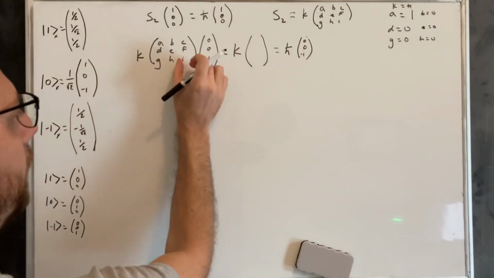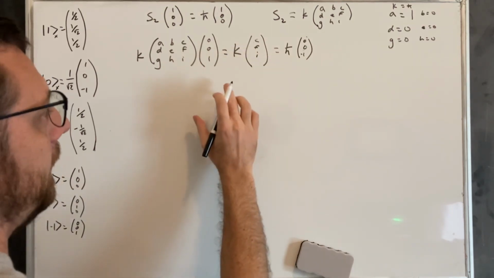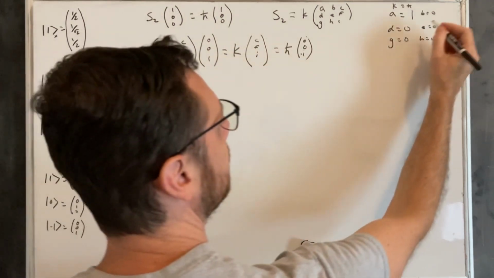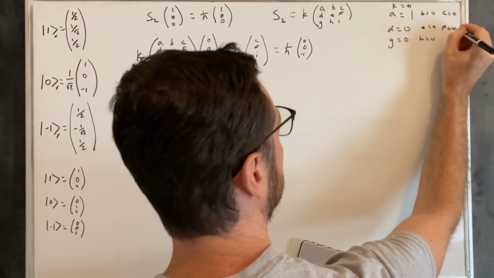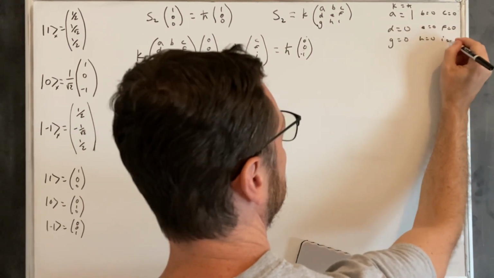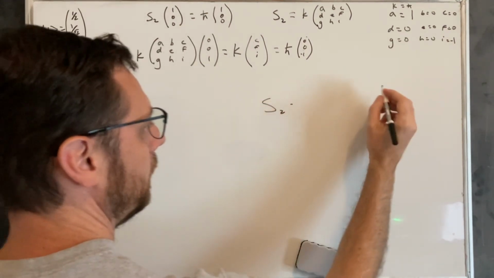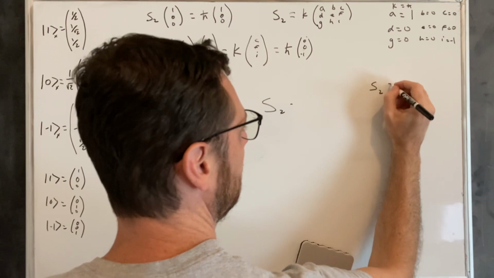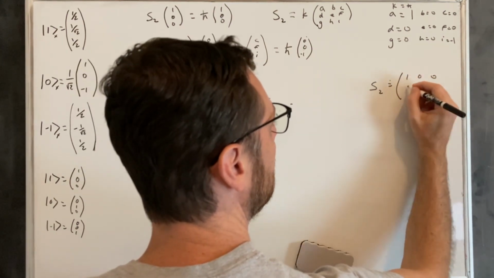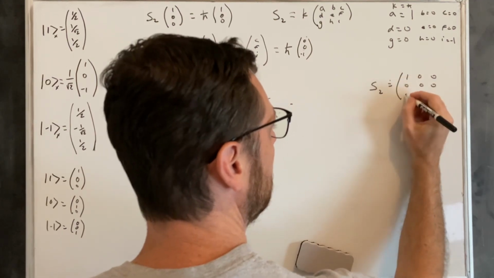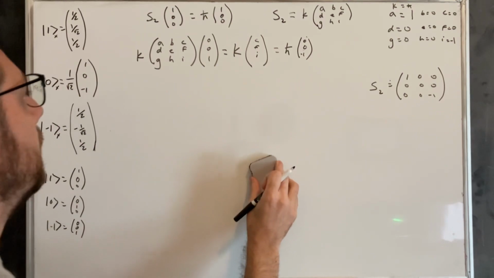So this is going to be our third column vector, C, F, I. And now we know that C is equal to 0, F is equal to 0, and I is equal to negative 1. That gives us the matrix. So SZ can be represented by the matrix 1, 0, 0, 0, 0, 0, 0, 0, negative 1. Okay, that was the easy one.